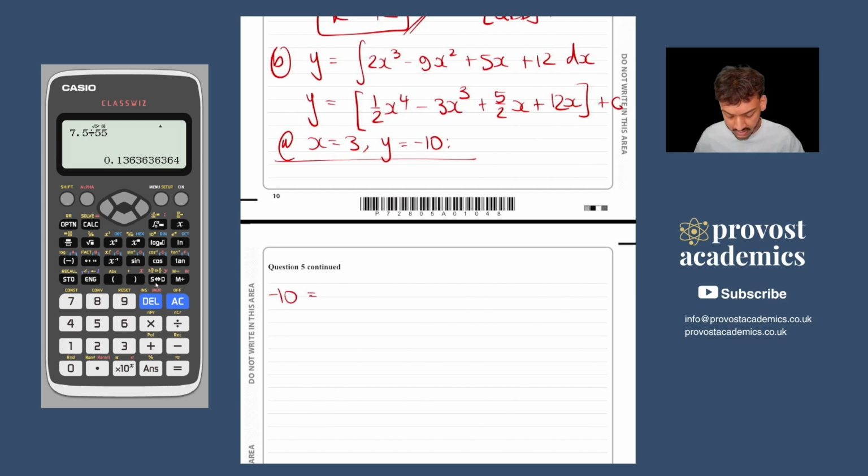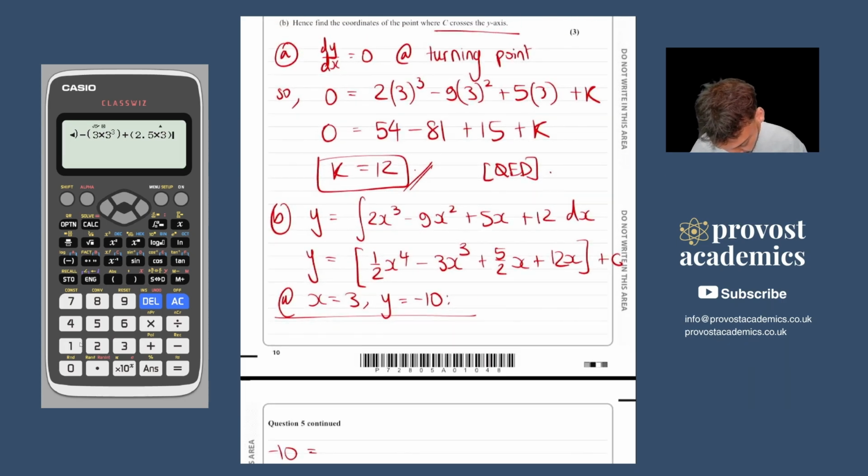So minus 10 is equal to, I'm just going to put all of this in my calculator. So I've got 0.5 times 3 to the power of 4 minus 3 times 3 cubed plus 2.5 times 3.